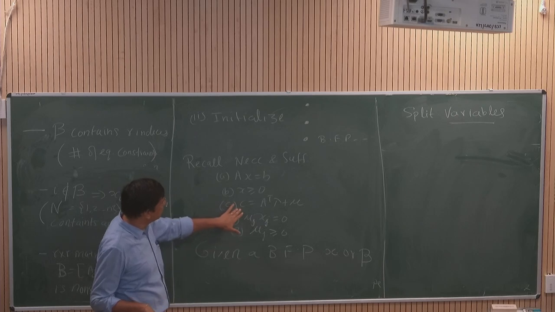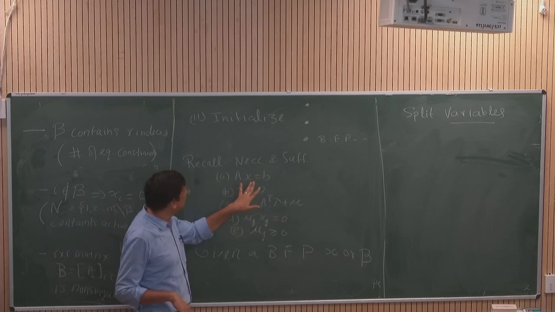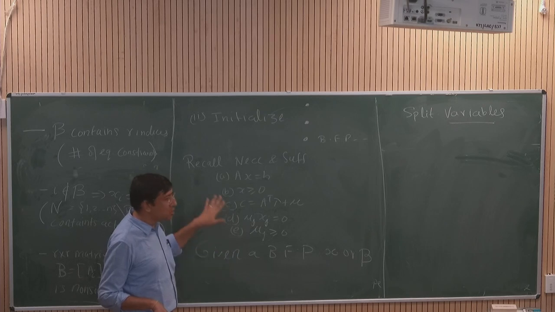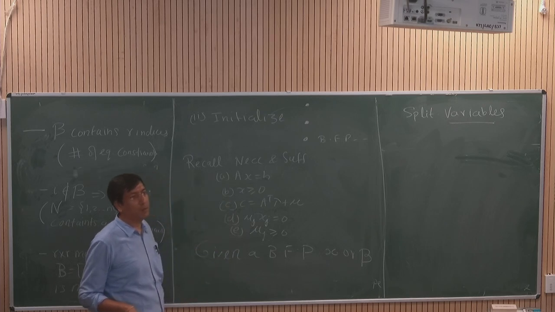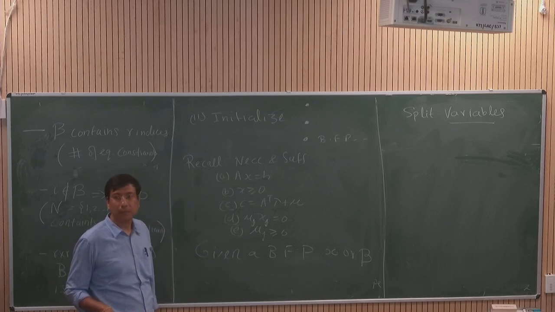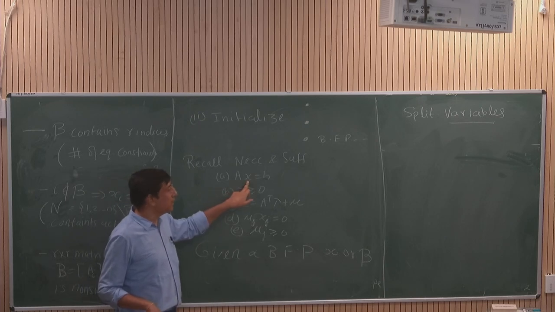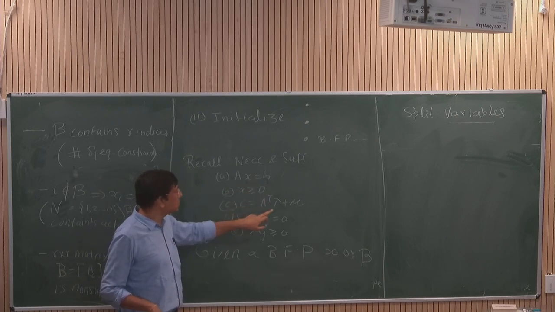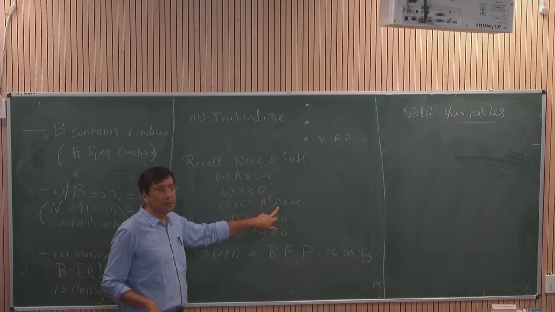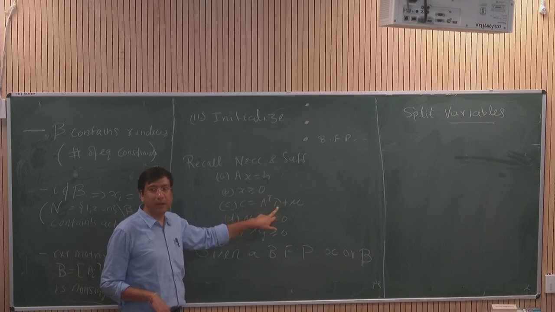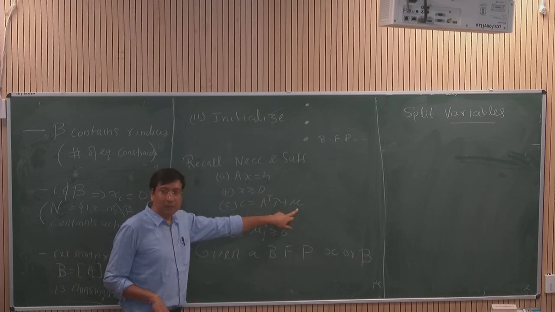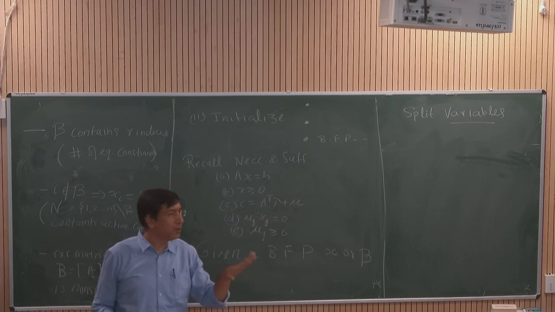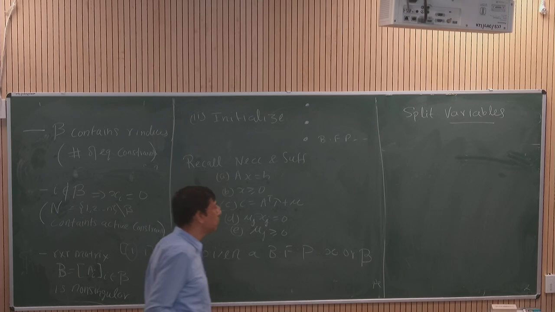C is a constant, lambda, mu and x are variables. b is a constant. But what is n-dimensional and what is r-dimensional here? The vectors. x is n-dimensional, b is r-dimensional, c is n-dimensional, lambda is r-dimensional, and mu is n-dimensional. So we'll take the n-dimensional variables and split them into the B set and the N set. That is what we'll do.